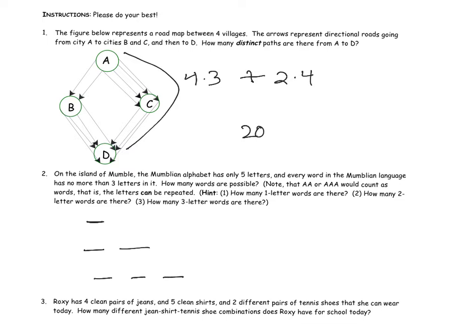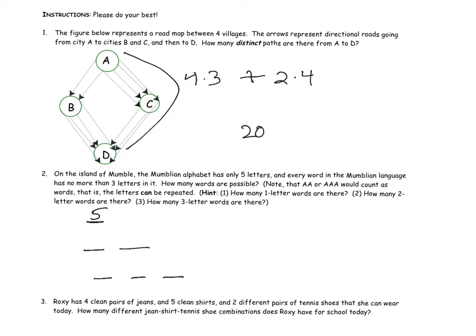Notice when we're talking about words occupying particular positions, I like to create these spots or lines. The alphabet has only 5 letters, and each word can have a repeat of letters. For the 1-letter word, there are 5 possibilities because it could be any of the 5 letters.